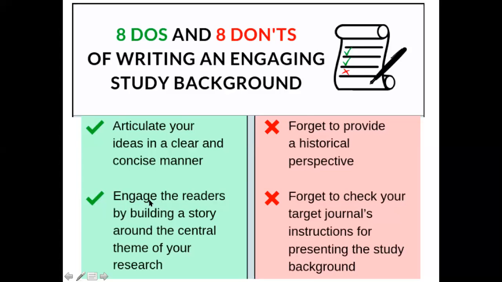And then, this is if you are able to do some kind of building a story around the central theme of your research. Usually when you are presenting the literature review summary in chronological order, the reader will see how the issue develops from year to year until now.